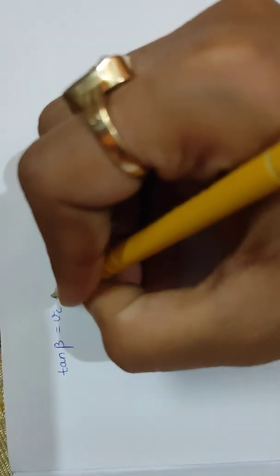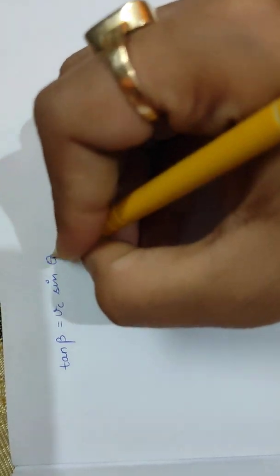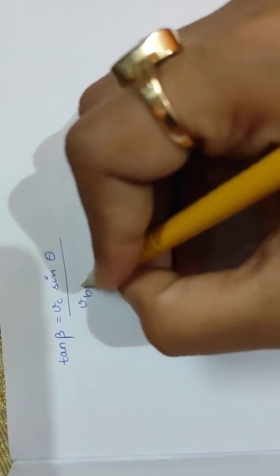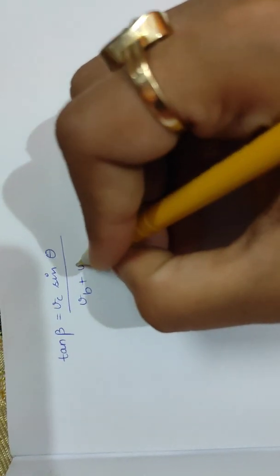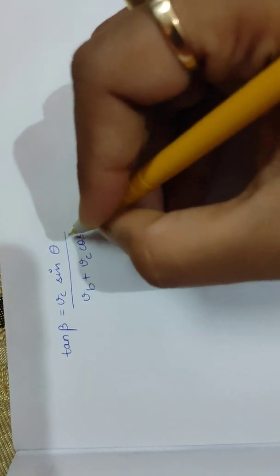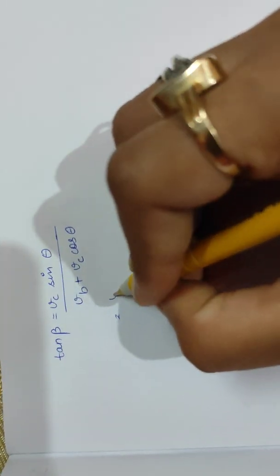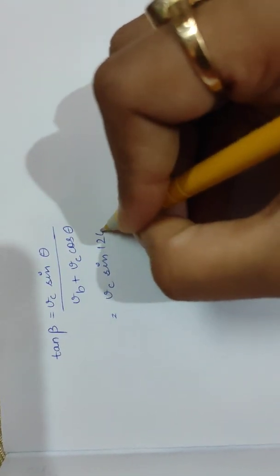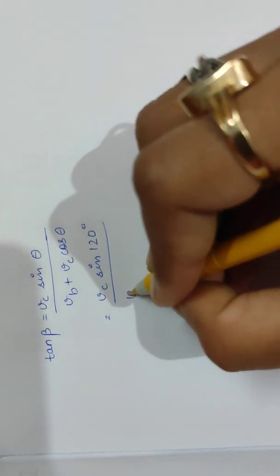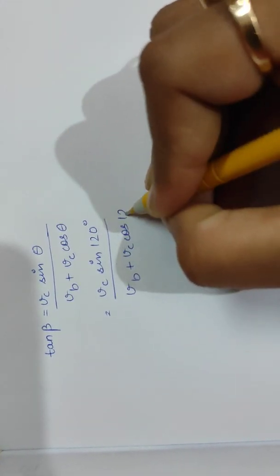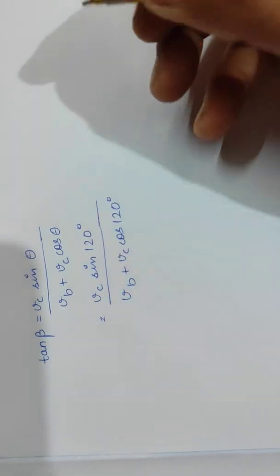It is VC sine theta upon vector A, which is VB, plus vector B, which is VC cos of theta. Now in this case, what is theta? We know that theta is 120 degree, so it is VC sine 120 degree upon VB plus VC cos of 120 degree. Fine.